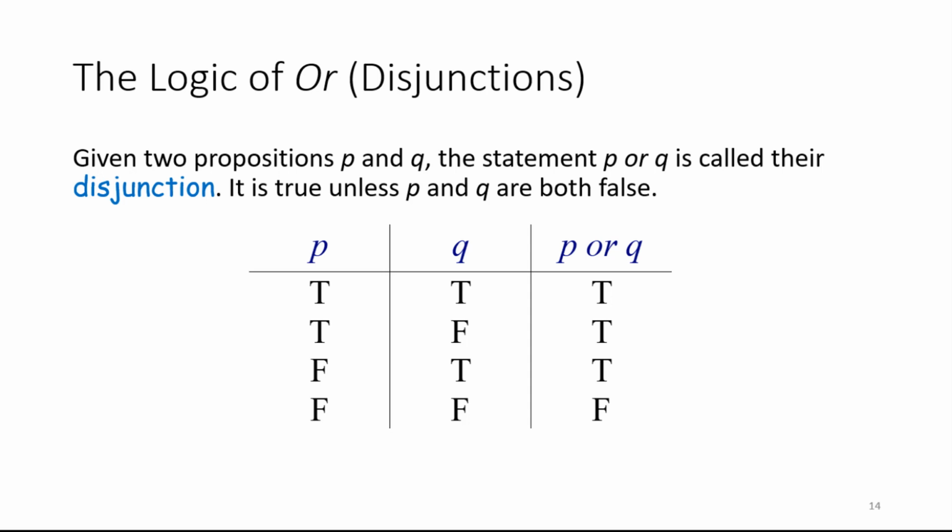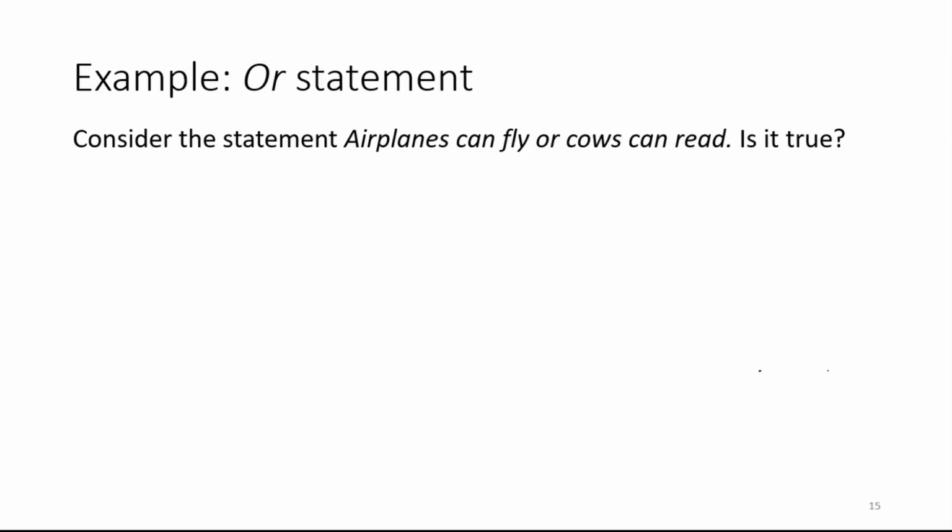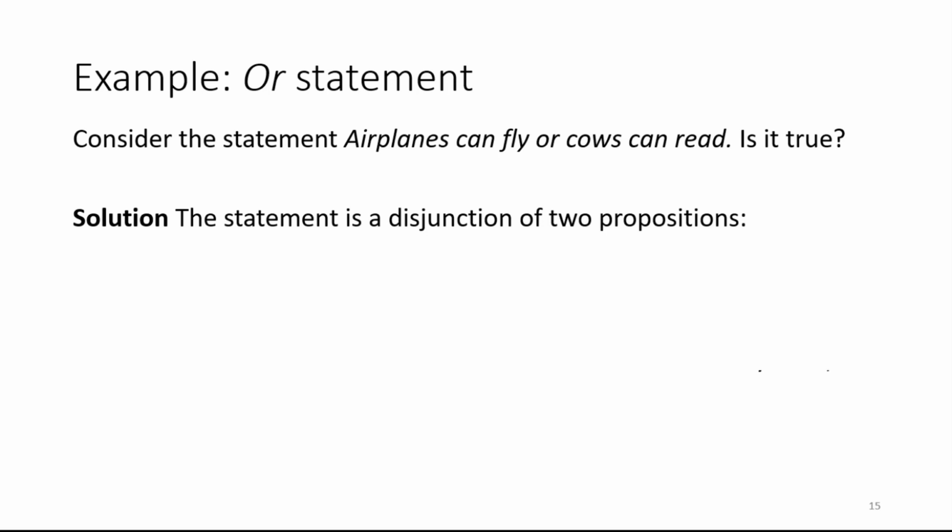Let's observe that in a disjunction, as long as one proposition is true, that disjunction is true. This is worthy of you to know by heart. The symbol for disjunction looks like V. Example, or statement. Consider the statement, airplanes can fly or cows can read. Is the statement true? For the solution, let's consider.